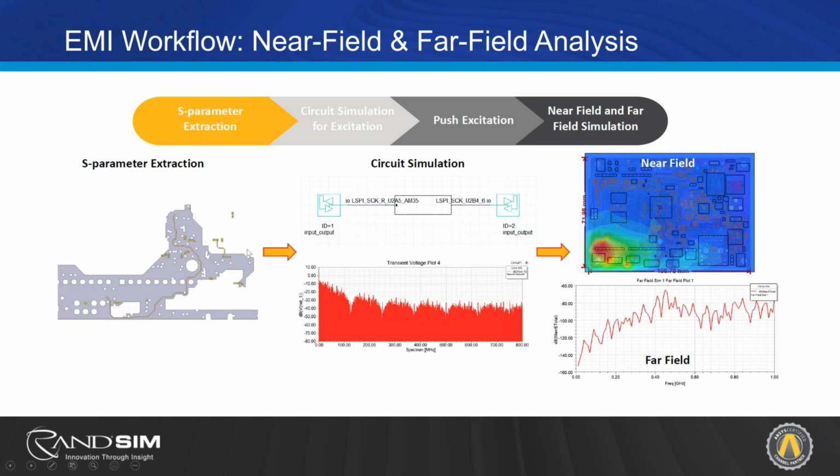And then using the S parameter extraction and the circuit data, SIwave can then compute the near field and tell you where the source of radiation in the near field is predominantly residing. It can also calculate that in the far field as well, and that data is going to be represented through HFSS in the Electronics Desktop.